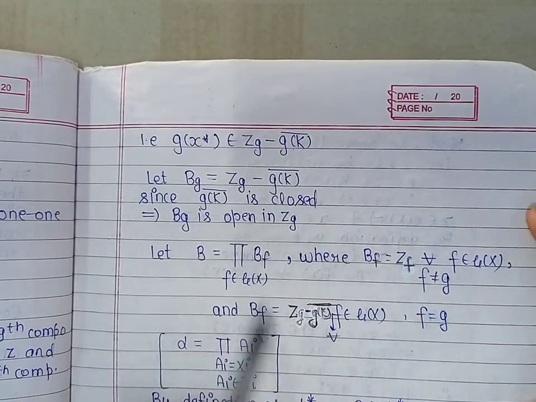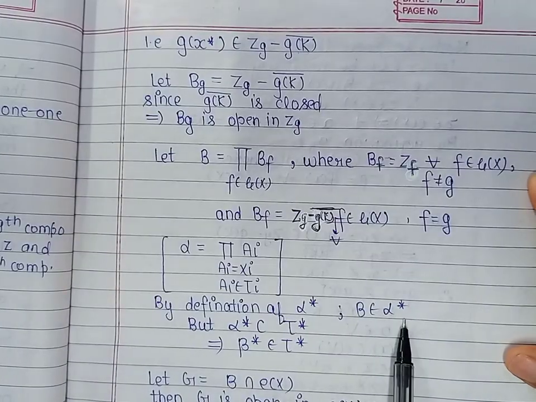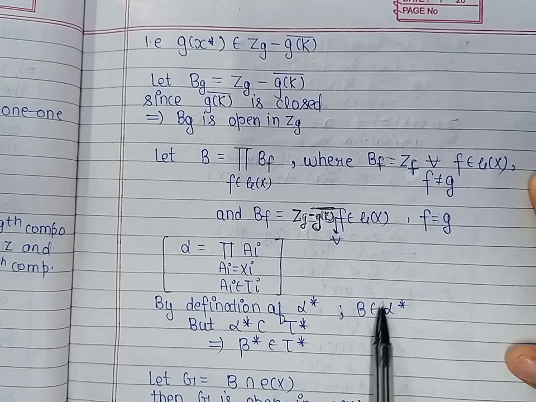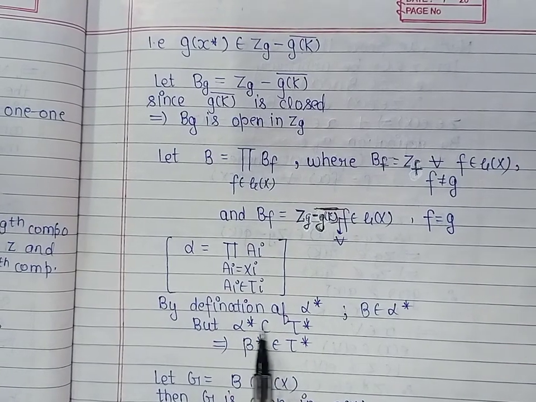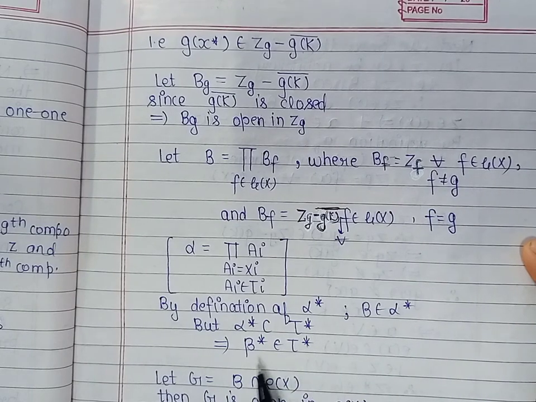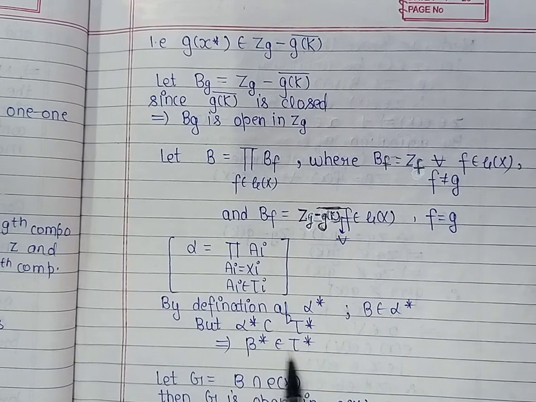Now by definition we can say that this B belongs to the defining subbase of the product topology of Z. Now, because the defining subbase is a subcollection of the topology, we can say that alpha star is contained in tau star, and therefore beta star is also a member of tau star.